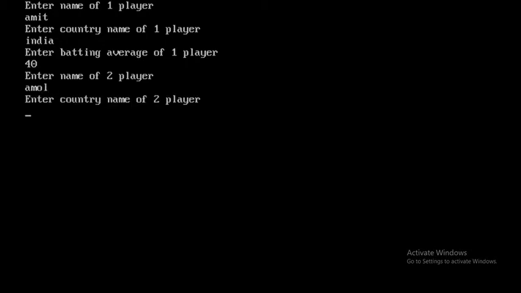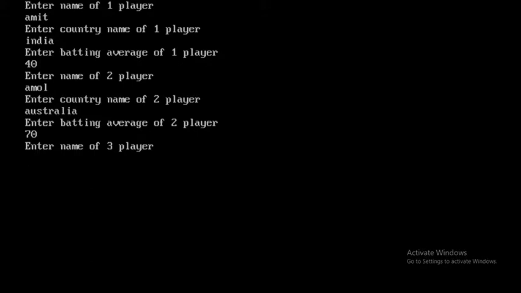It is asking for name of first player. I will enter name of first player as Amit, country of first player, suppose India, and batting average of first player, suppose 40. Then asking for second player details, okay, suppose Mohit. Then now country, suppose Australia, and batting average, suppose 70.